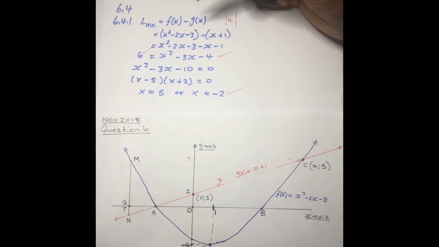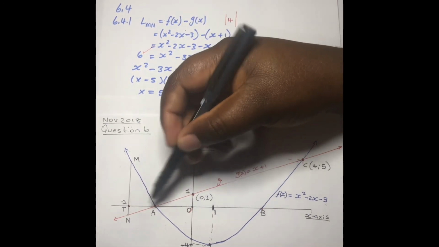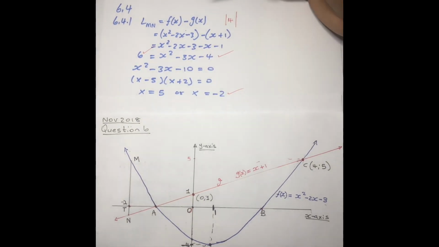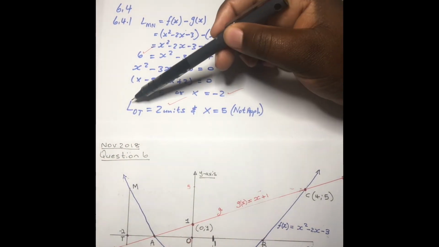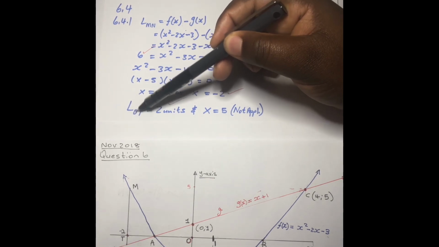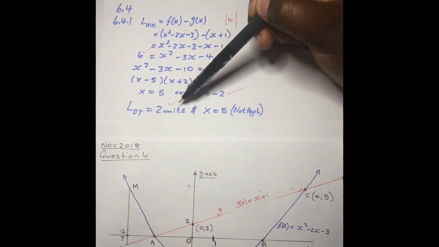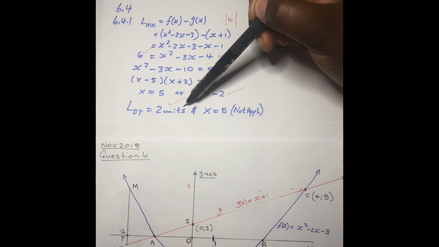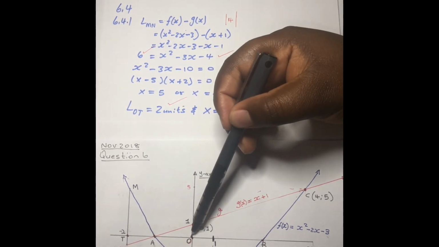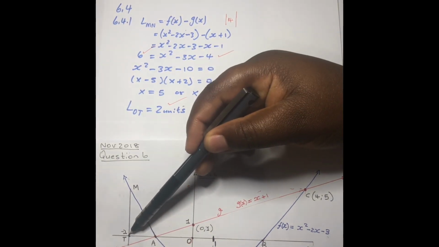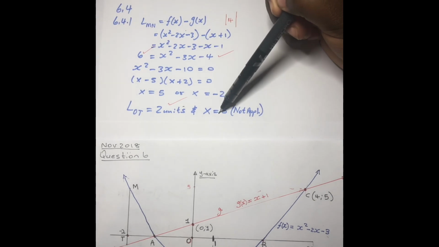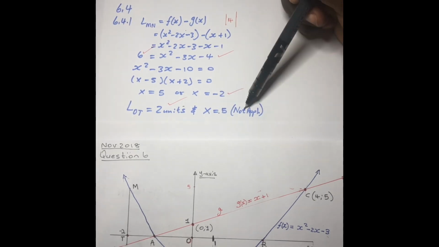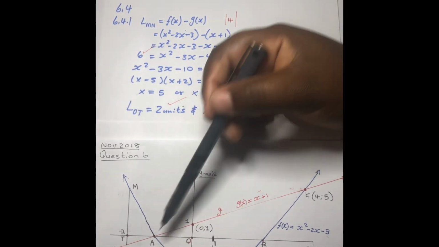That means from point O to T, the length is equal to 2 units. So finally, you indicate that the length from O to T is equal to 2 units. It cannot be 5 because 5 is not applicable on this side of the x-axis.